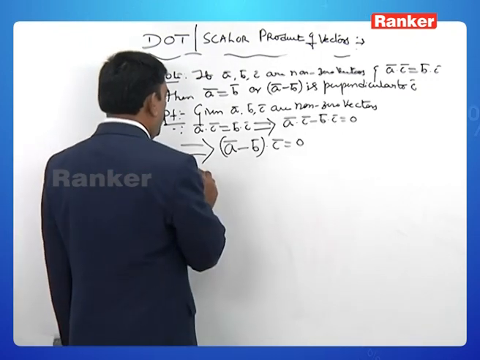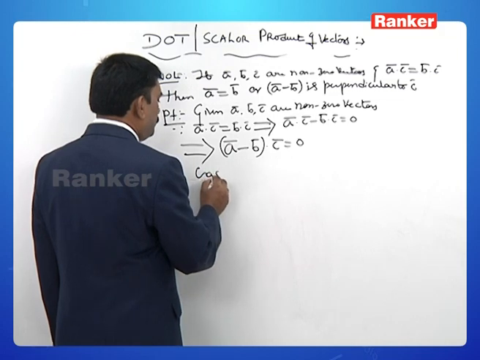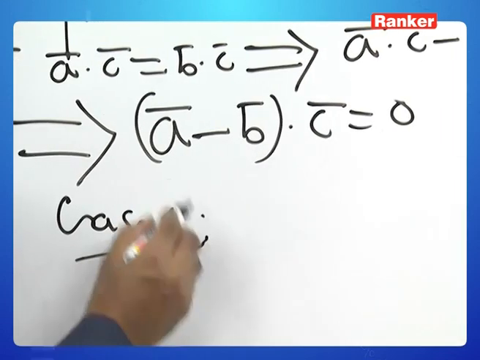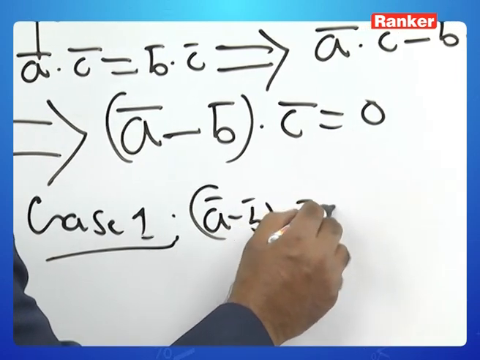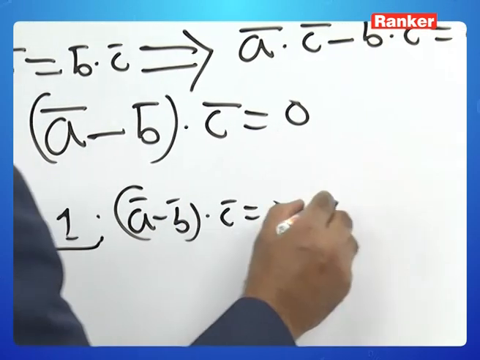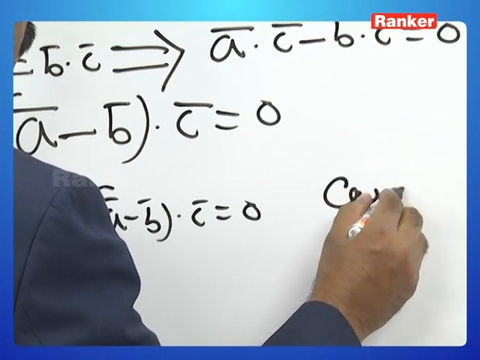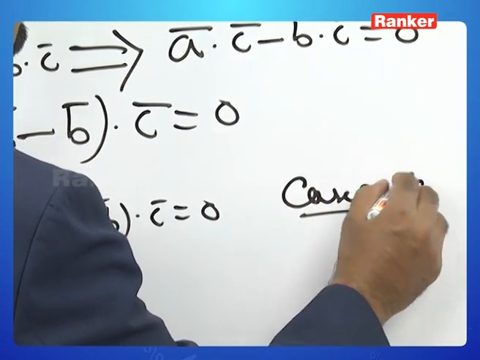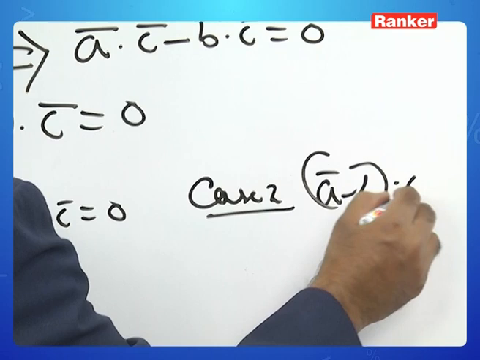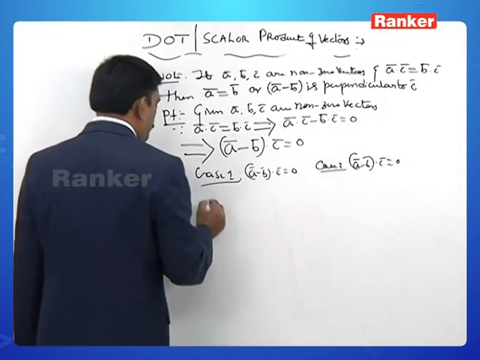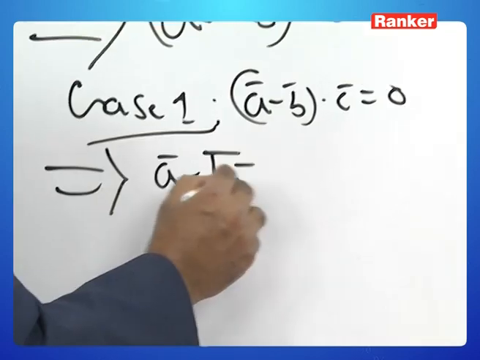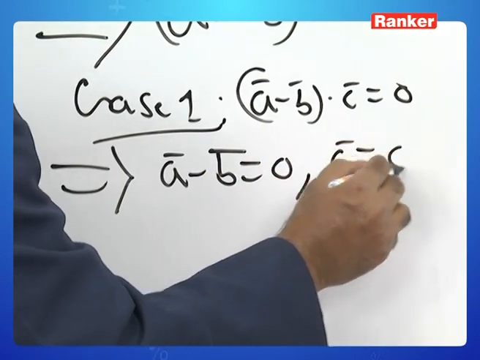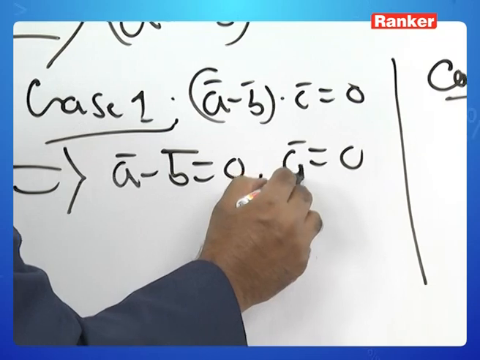Case 1: A bar minus B bar is equal to 0.